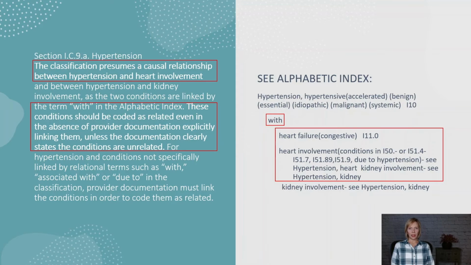The classification presumes a causal relationship between hypertension and heart involvement because the two conditions are linked by the term "with" in the alphabetic index. These conditions should be coded as related even in the absence of provider documentation explicitly linking them, unless the documentation clearly states the conditions are unrelated.